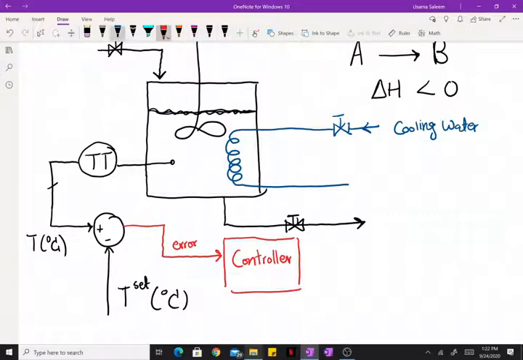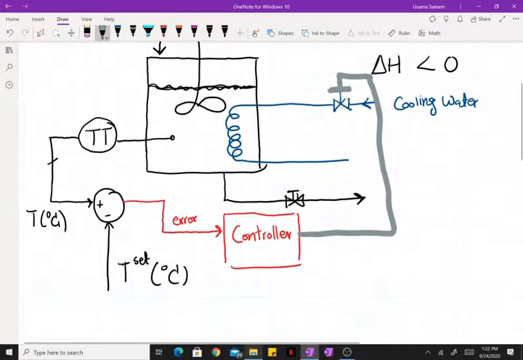Now, the most common action that the controller will take in most schemes, let's use a different color, I'm going to use gray, is that the controller will manipulate the position of the valve.